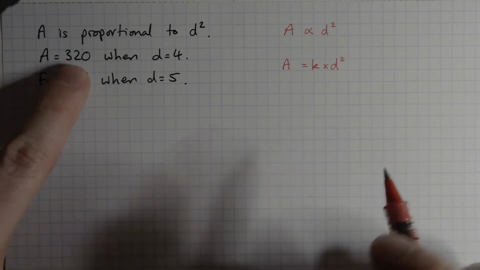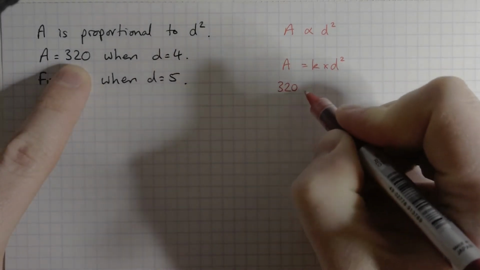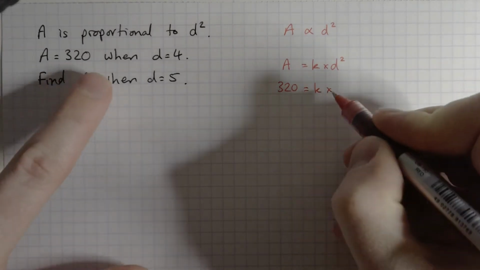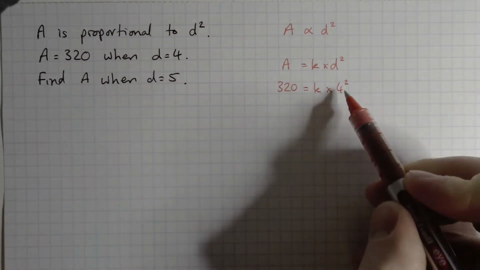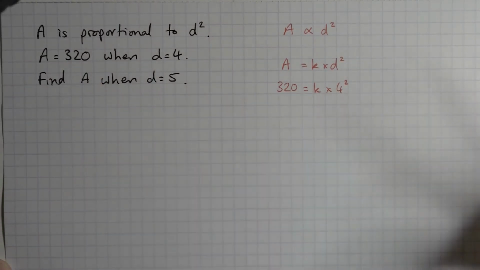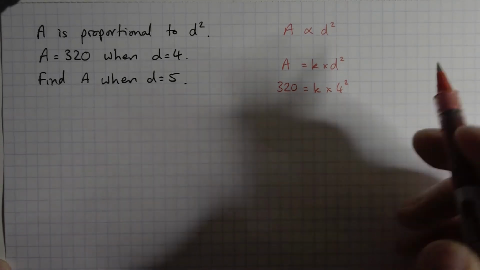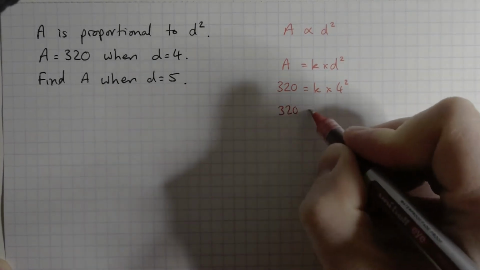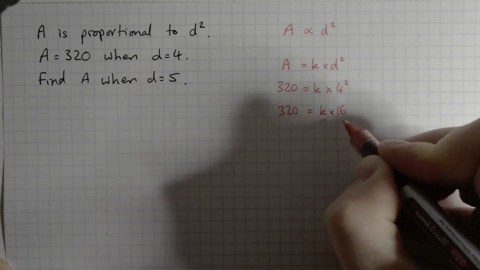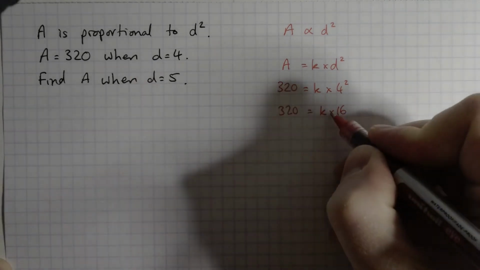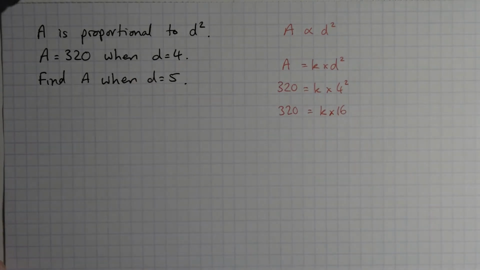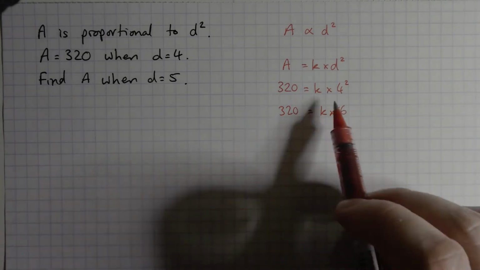So when a is 320, you've got that d is 4. I'm going to have to do the powers first, right? So 4 squared is 16. Maybe you wouldn't have made a mistake there, but lots of people would. That's 16. Now I can divide both sides by 16. It's not divide by 4, you see.